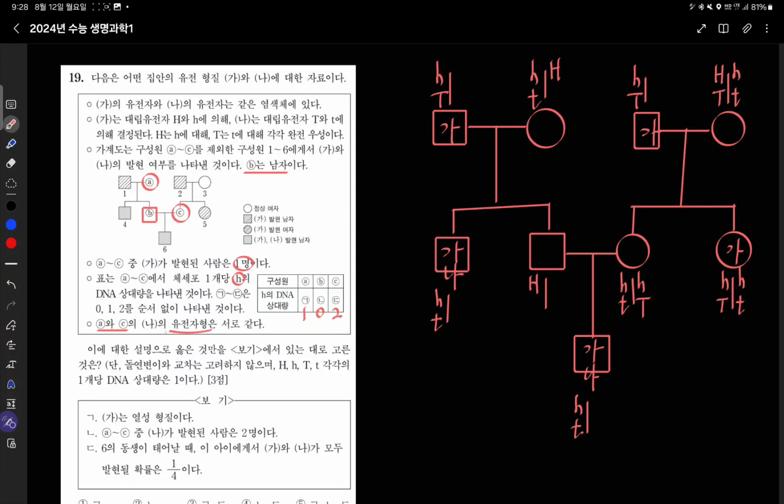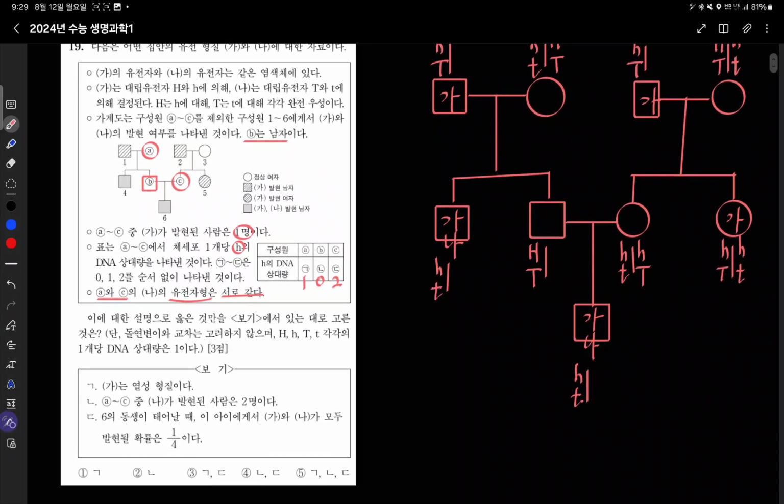And because the genotype of A and C for the second trait is the same, because C is heterozygous for the T allele, A is also heterozygous for the T alleles. That means B receives the capital H and capital T allele chromosome from his mother.